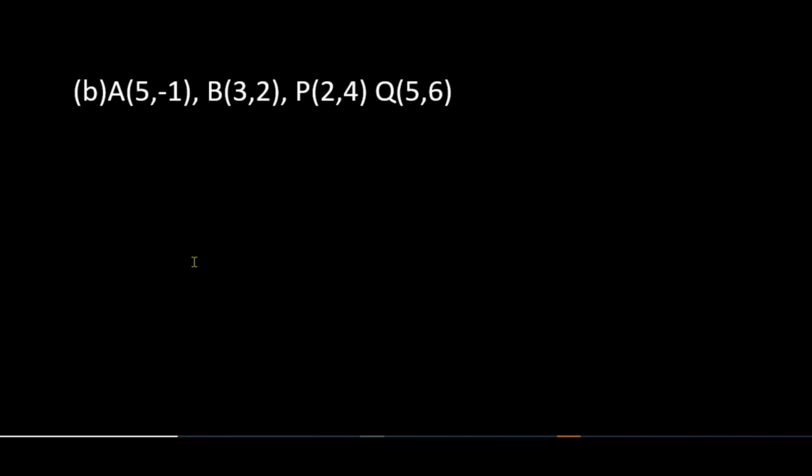Now we look at the second one, B, here now. Okay, so let's look at AB in this case. We have the x1, y1. Okay, we have the x2, you have the y2.